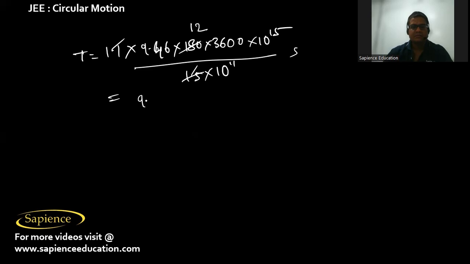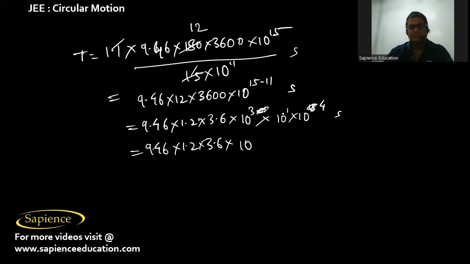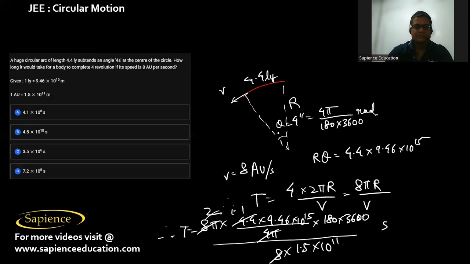So this will be 9.46 into 12 into 3600 into 10 power 15 minus 11. This much second. So this will be 9.46 into 1.2 into 3.6 into 10 power 3 into 10 power 1, times 10 power 15 minus 11, that is 10 power 4 second. So this will be equal to 9.46 into 1.2 into 3.6 into 10 power 7 seconds.